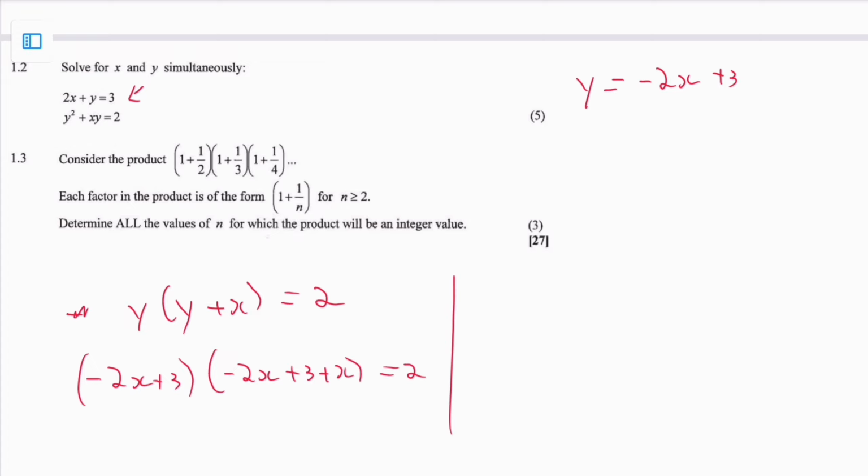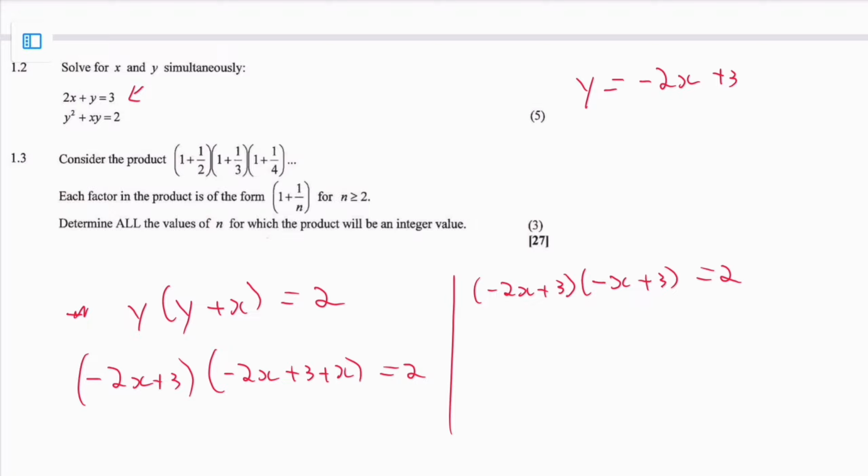And so then what you'll get is these brackets equal to 2. And now what you're going to do is just simplify that into a quadratic.